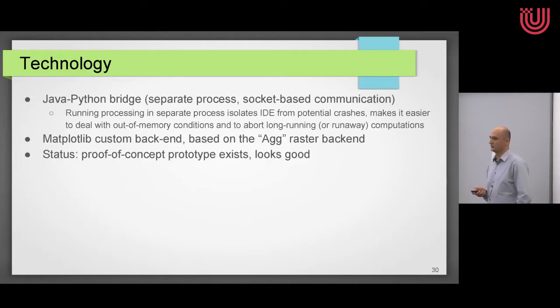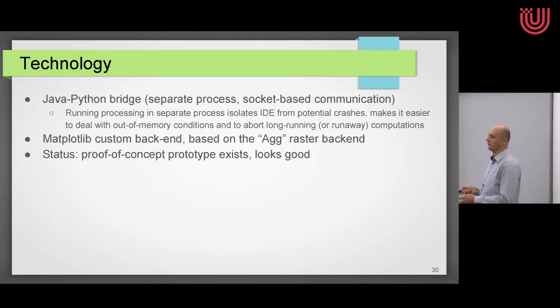So what do we use for technology? We use a Java-Python bridge. It's Py4j. The Python process executes in a separate process, and it talks to the IDE via socket. This has some nice properties. Of course, there is some runtime overhead, but the advantages far outweigh the disadvantages.